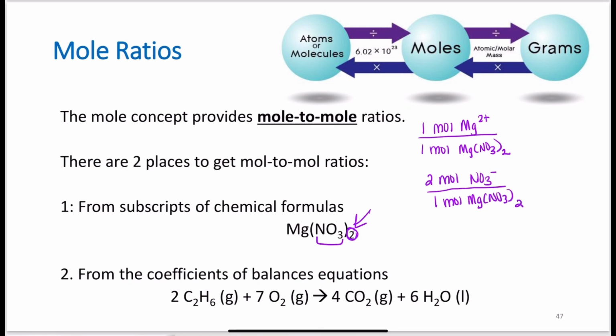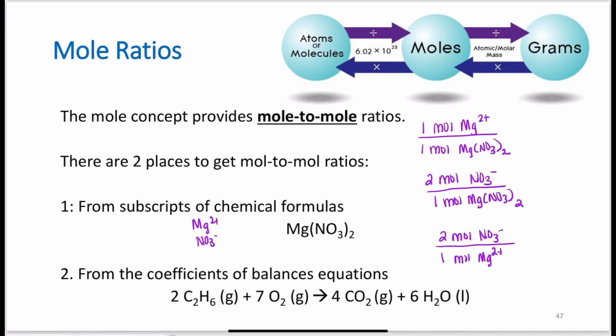I could say 2 moles of nitrate for every 1 mole of magnesium ions. I know that by writing Mg(NO3)2 this represents that I have 1 magnesium and 2 nitrates.